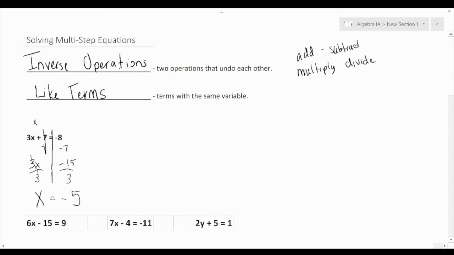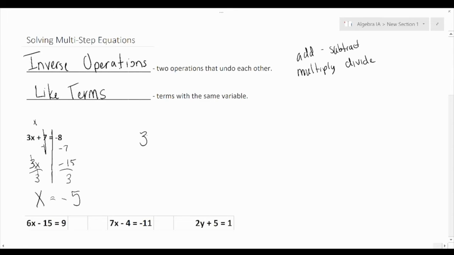I'm going to show you something you can do to see if that's the right answer. We can check it. I'm not going to require you to check any of these problems, but I'm going to show you how just in case you want to. We know that x equals negative 5, or we believe it does. So we're going to plug negative 5 in for x in the original problem.